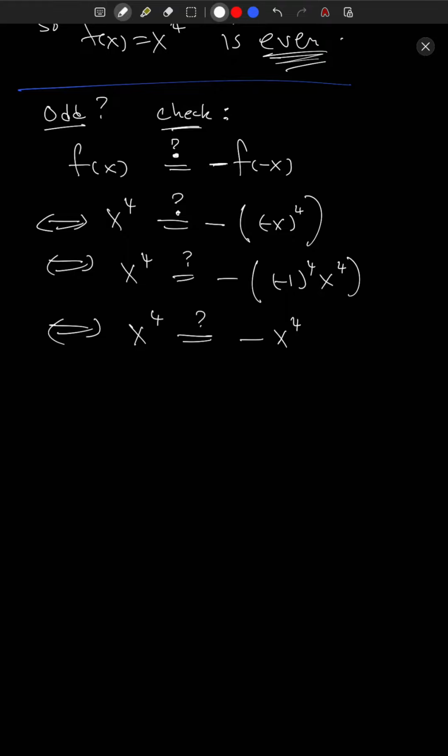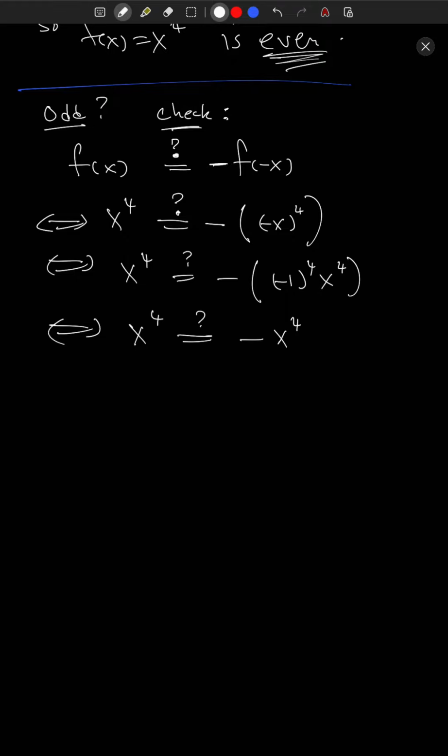For every x, right? So again, this is for every possible input. And here we can see that this is not going to be true, right? Because if I plug in x equals 1, then on the left side, I'm going to get 1. But on the right side, I'm going to get minus 1.